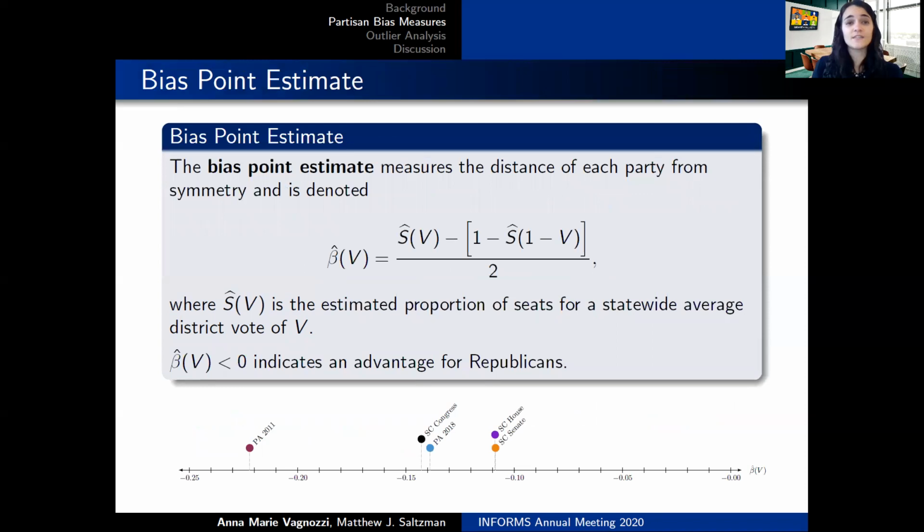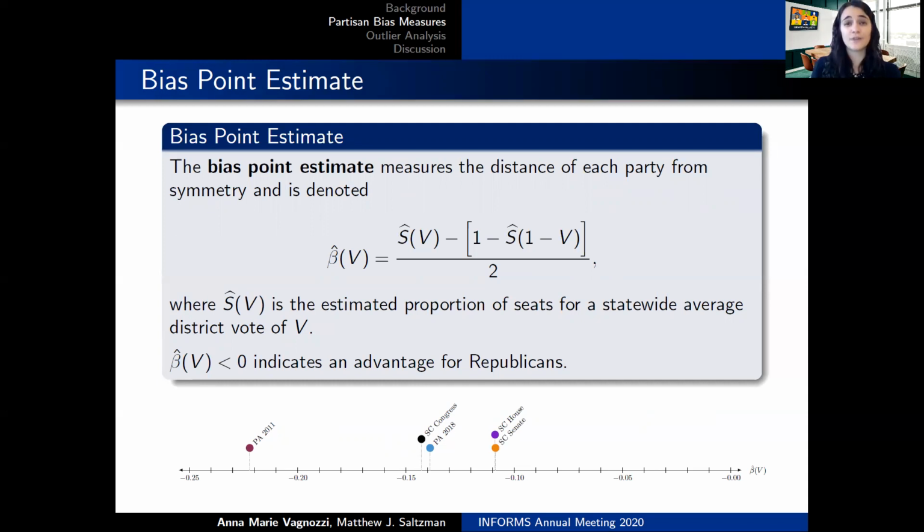One of these is the bias point estimate, which measures the distance of each party from symmetry and is found using the estimated proportion of seats that we expect a party to win based on the observed statewide average district vote. It can be interpreted as the additional proportion of total seats that would have been won by the reference party under a symmetric system.